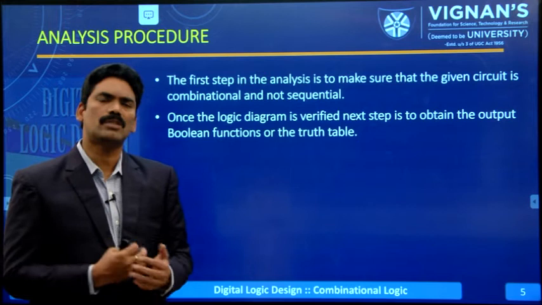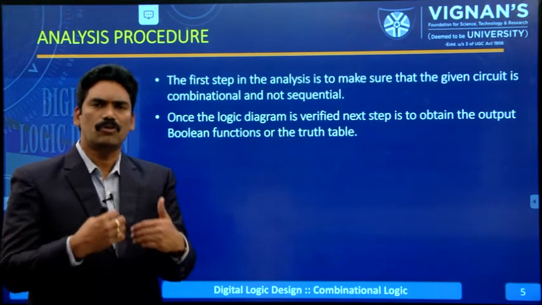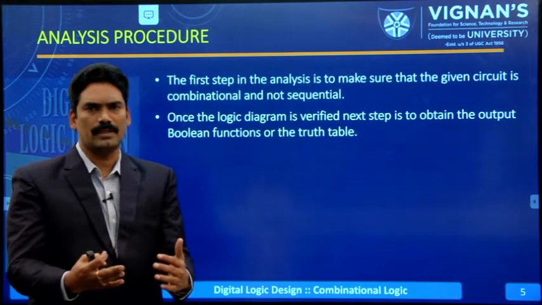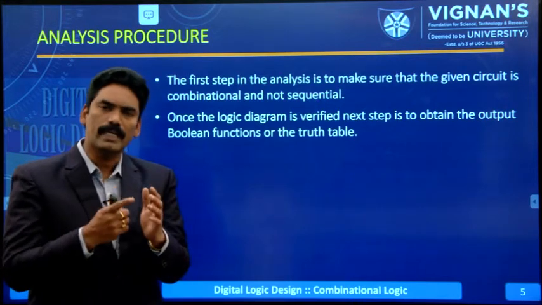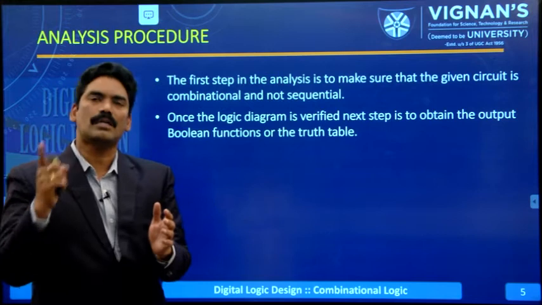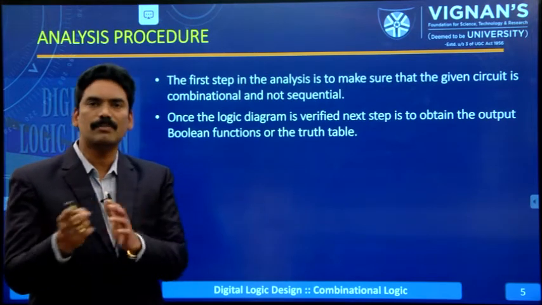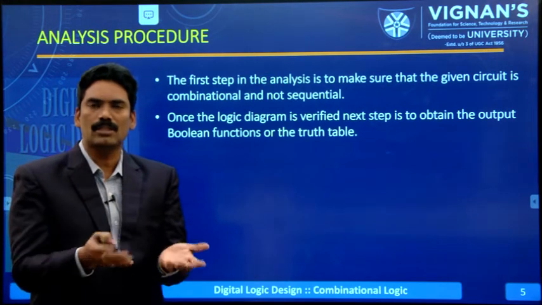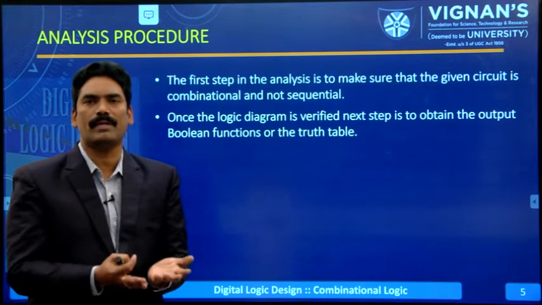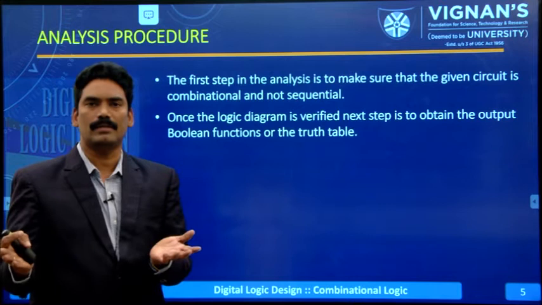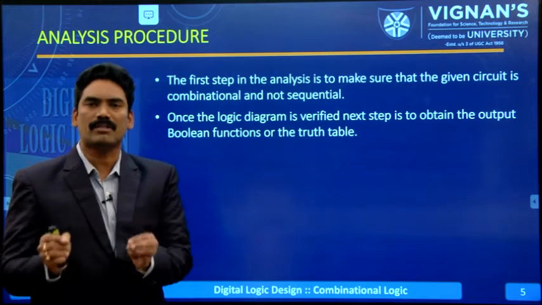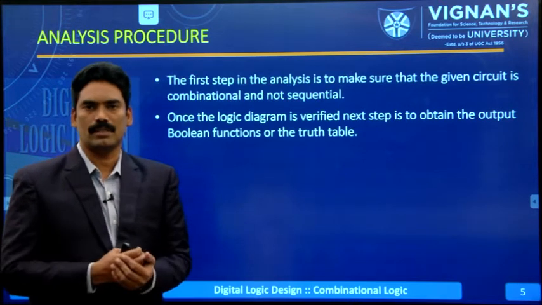Suppose you are given a problem statement; first we have to identify whether we have to create a combinational circuit or a sequential circuit. A combinational circuit has no feedback path and no memory element. If a memory element is required for a circuit, that is called a sequential circuit.